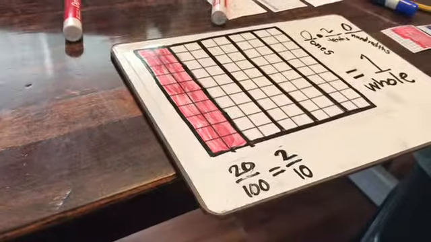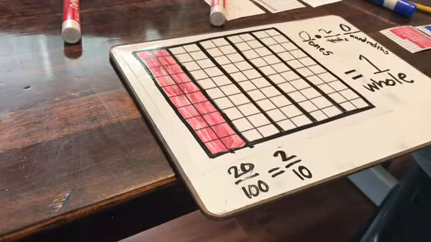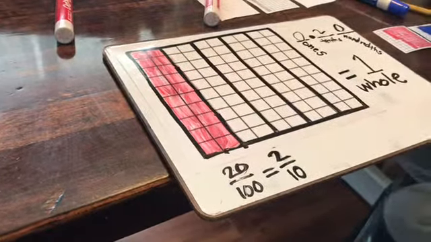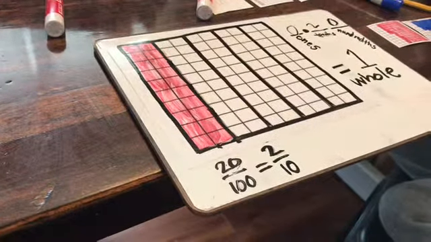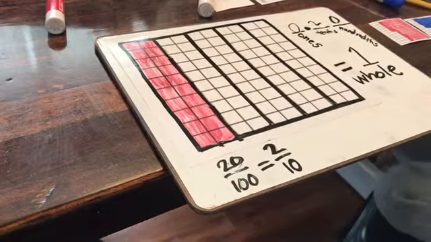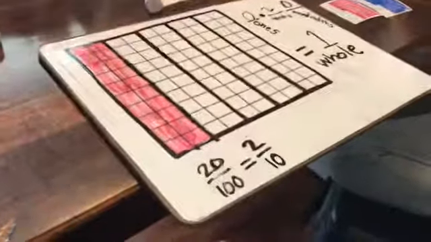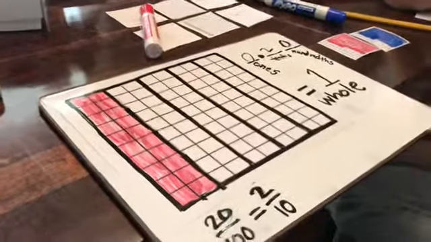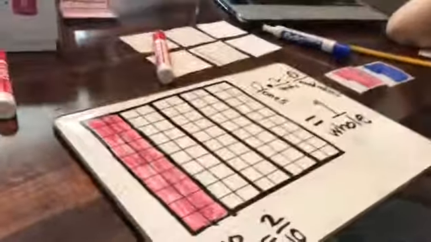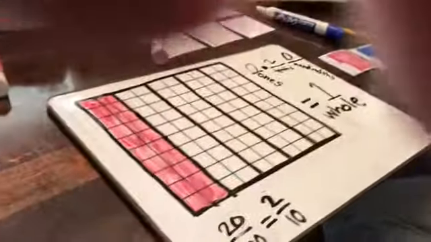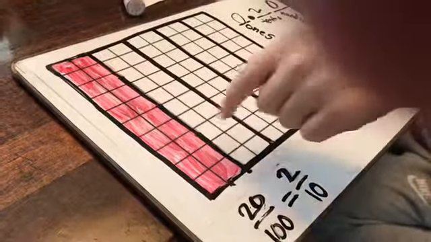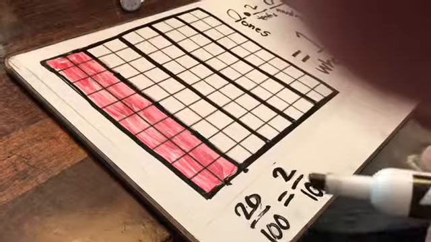Do you see the big pieces that I'm talking about? How many big pieces do you see? 5. How many of those big pieces are colored red? 1. So do you know another way that I can represent that big red piece?